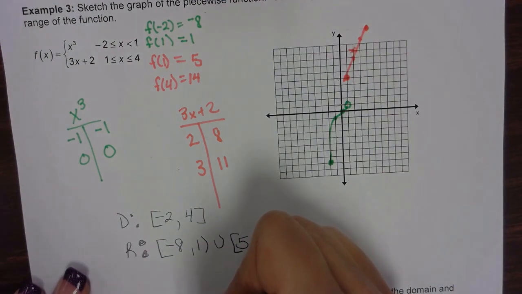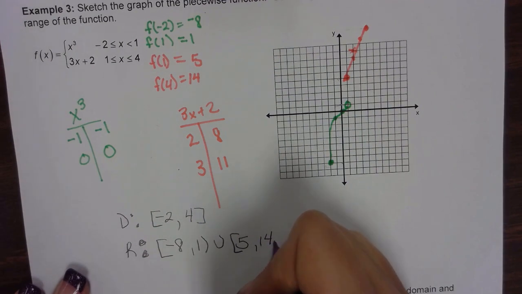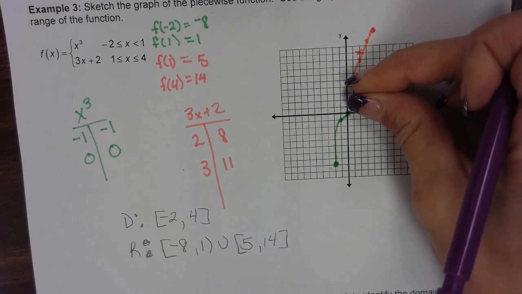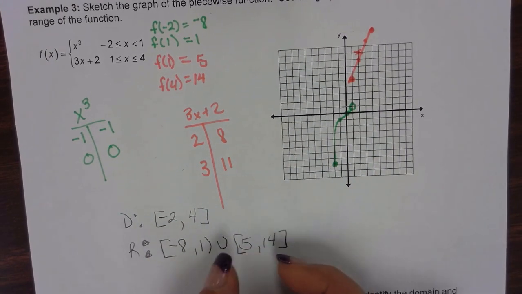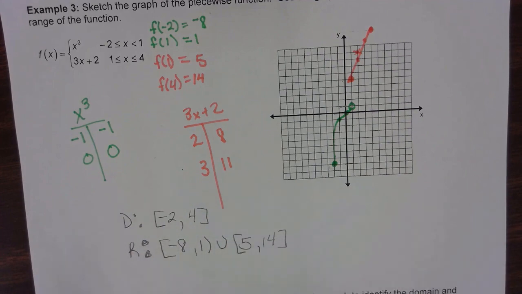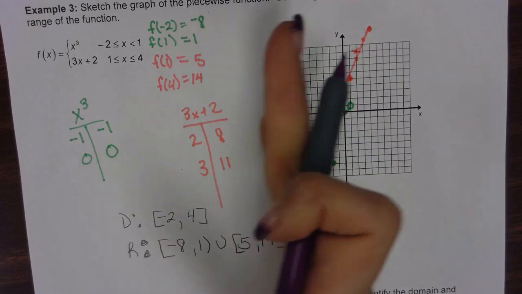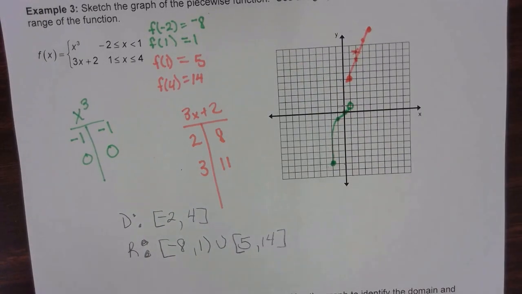That was at 14. And that is also filled in, so it is a bracket. When there is a jump, it means you have to have 2 different intervals, okay? So there was a jump in our y, not a jump in our x's.